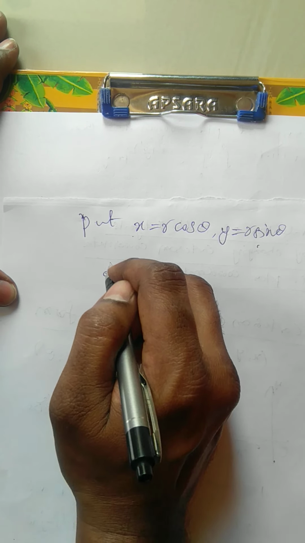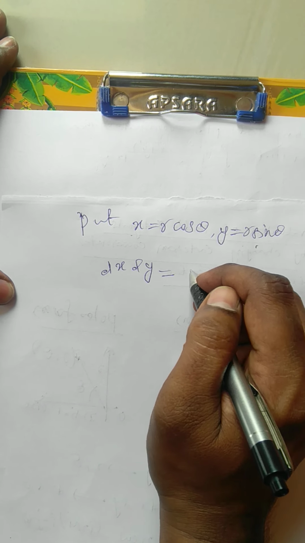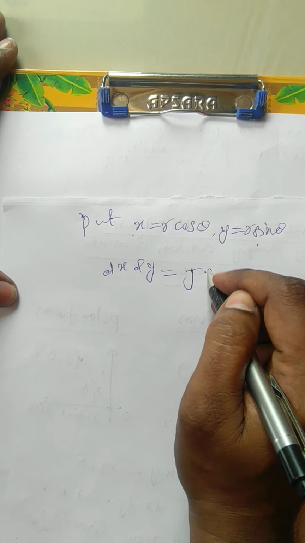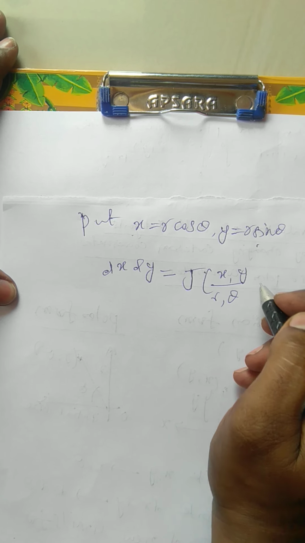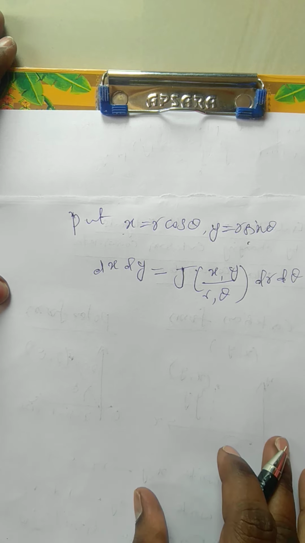What is the second step? We have to write dx dy in terms of dr d theta. dx dy equals the Jacobian of x comma y with respect to r and theta, into dr d theta. This is the definition.